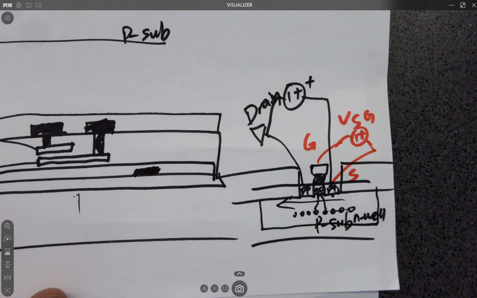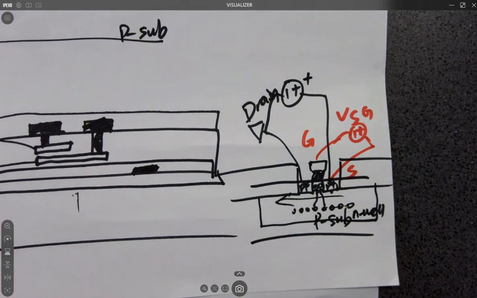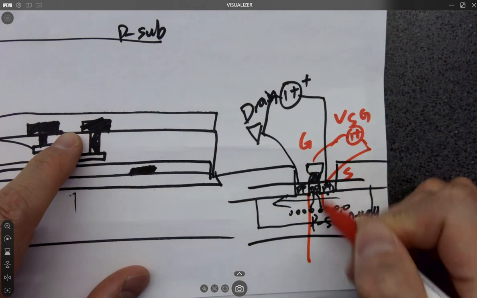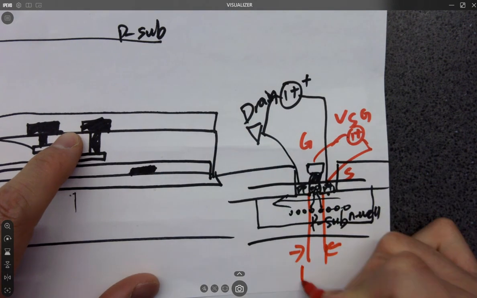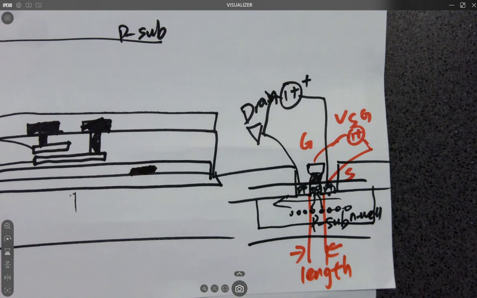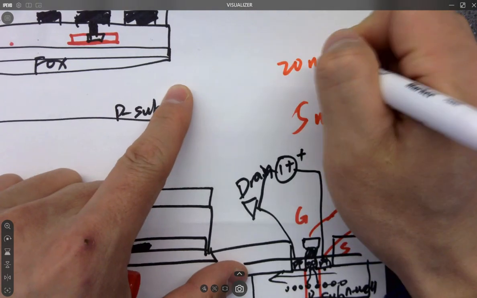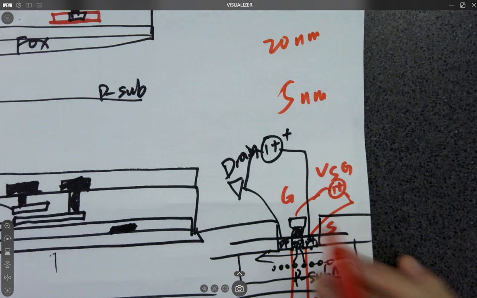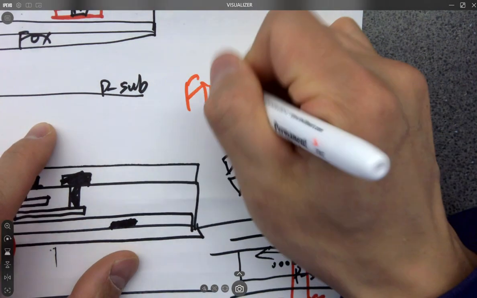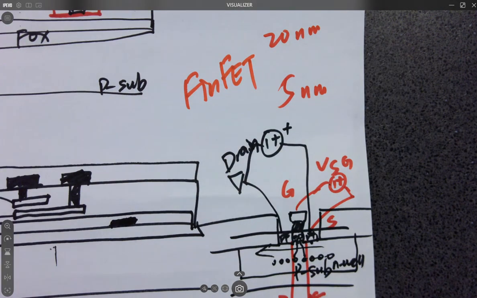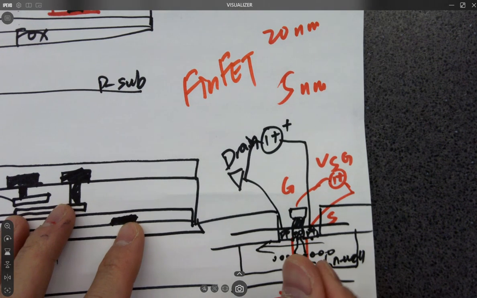So one interesting thing is, that's why it's called length. Length, okay, that's the length of the transistor. So whenever the length shrinks to like 5 nanometer, I think under 20 nanometer, it's not a CMOS like this anymore. Anything under 20 becomes FinFET. The reason for that is it's too short.